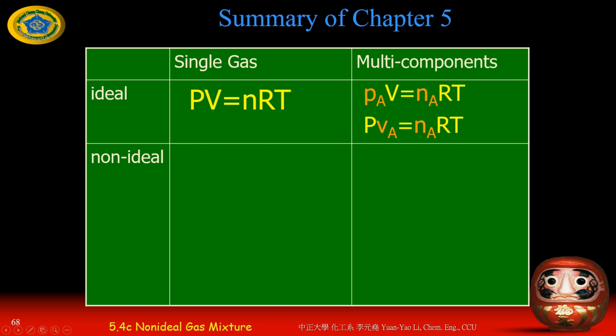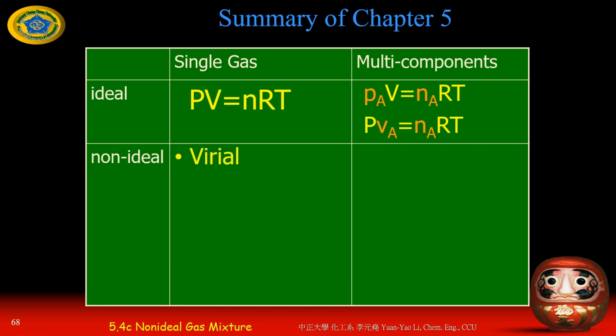But you need to realize that the partial pressure of species A times the volume equals the moles of species A times RT. This is what we call Dalton's law. And Amagat's law is that the total pressure times the volume of A in the system equals the moles of species A times the gas constant times temperature. This is what we call Amagat's law.